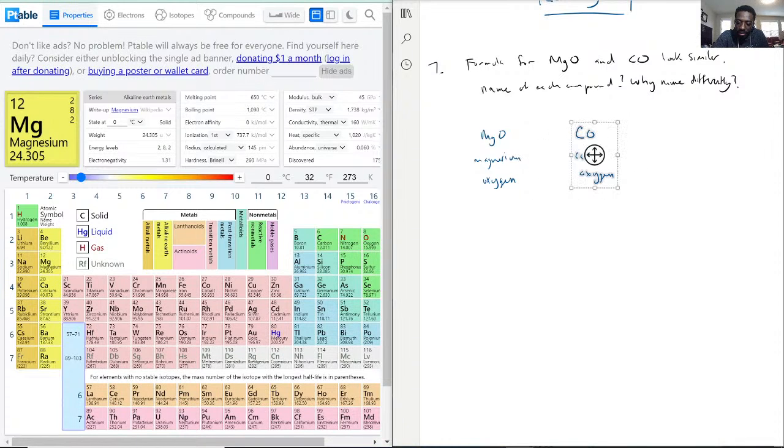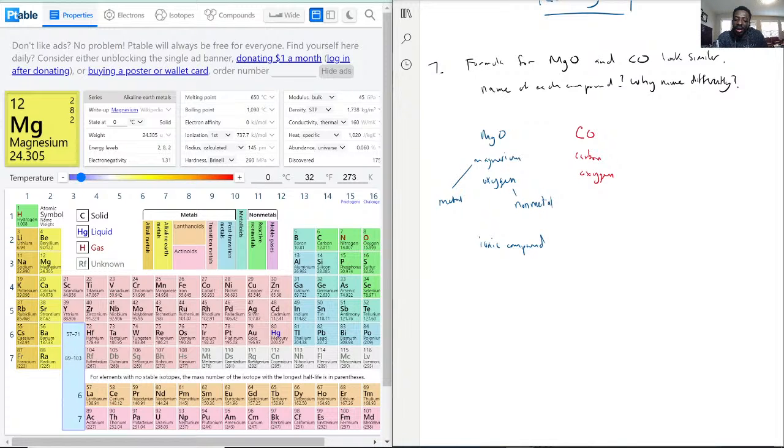So start with MgO, right? Magnesium, if you look at the periodic table, is a type of metal. Oxygen is a type of non-metal. So if you remember, what does that make MgO? It makes it an ionic compound. That is a key thing. This is an ionic compound.